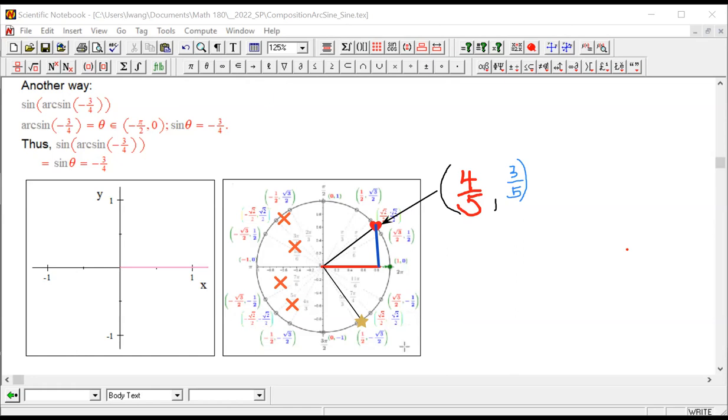So how about this point? If we are to mark it, there's a red number and there's a blue number, right? And what is the blue number? The blue number is going to be -3/4.